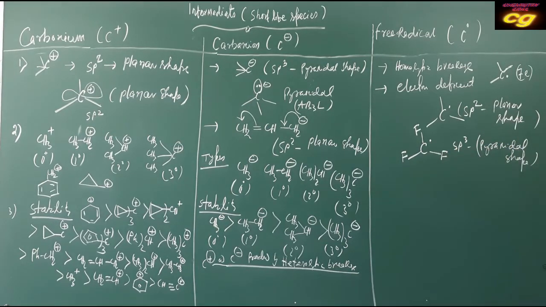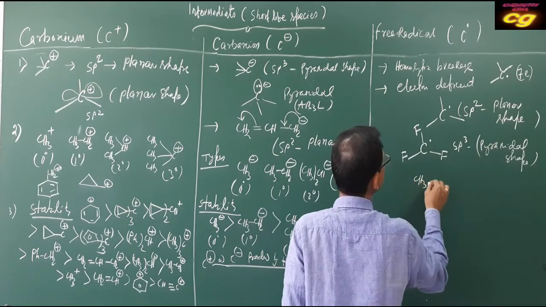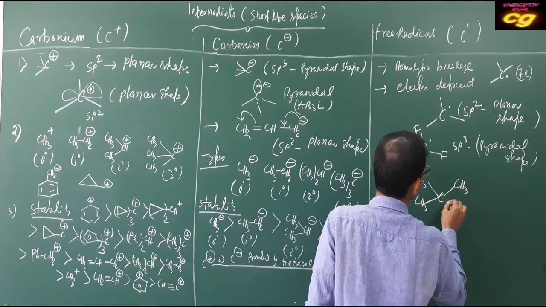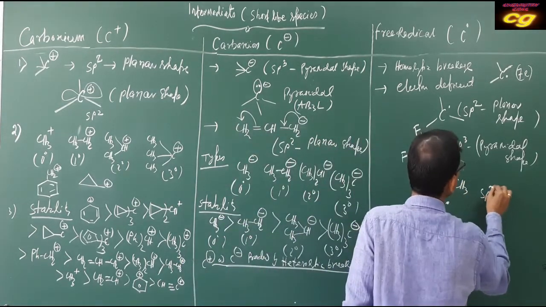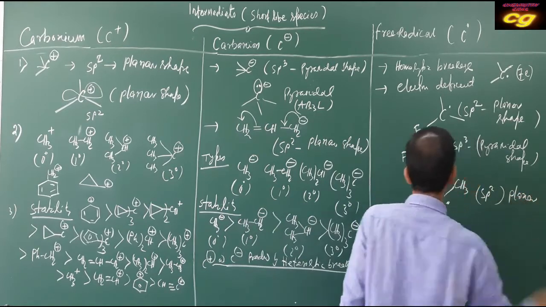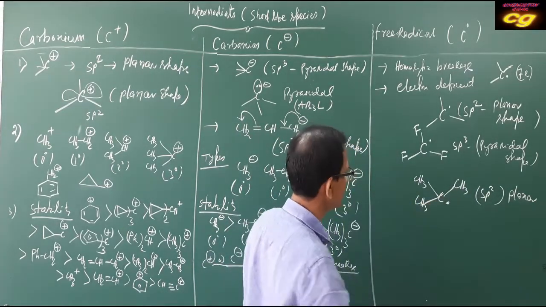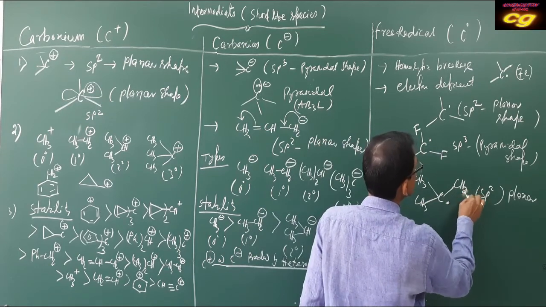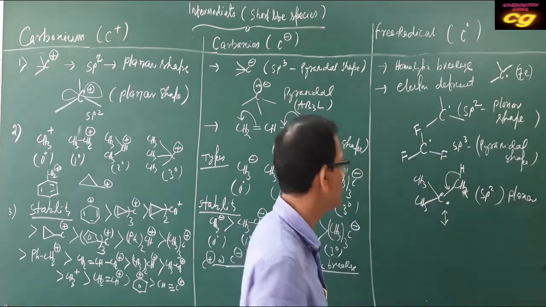This is the case. But for this example, suppose your carbon has 3 dots, this is sp2 hybridization and planar, because we have already discussed hyperconjugation. Suppose this is CH3, CH2, and H, and this is for pi bond conjugation.